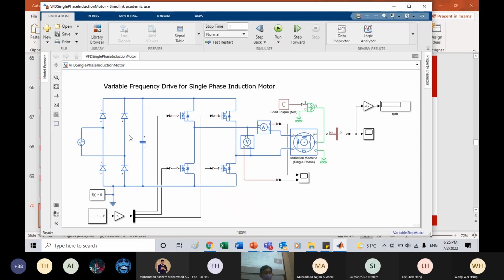So from here we will have around 332 volt.